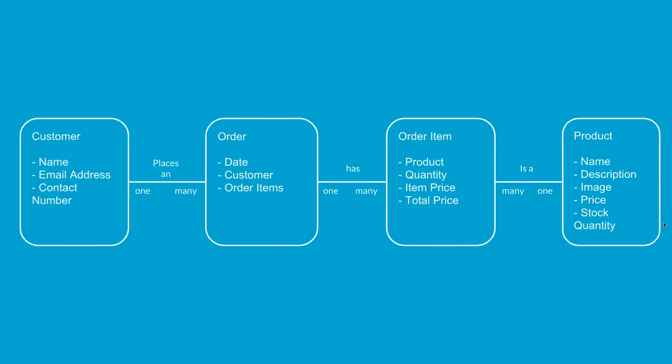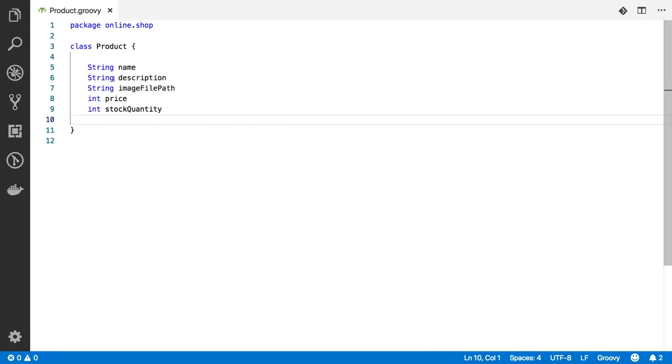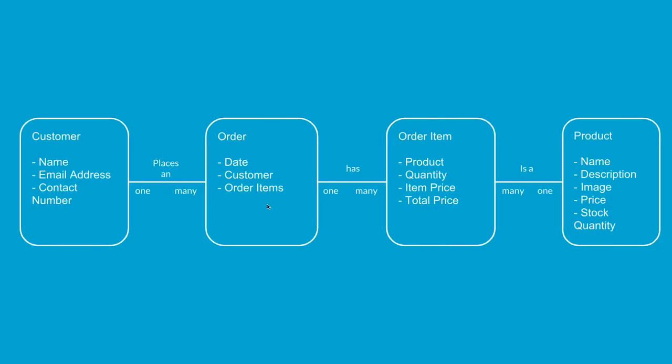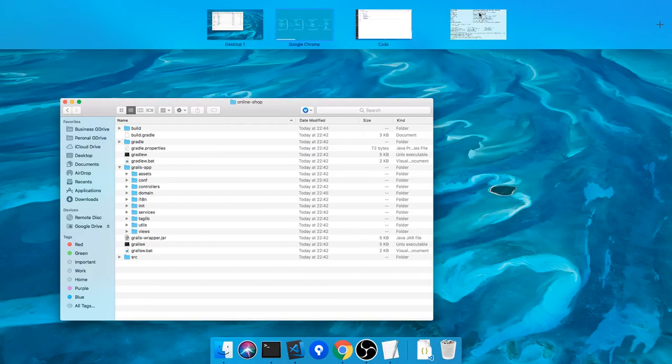So I have now taken my domain class from the design, I've implemented it in my Groovy code. And what I'm going to do is go back to my code generator tool.